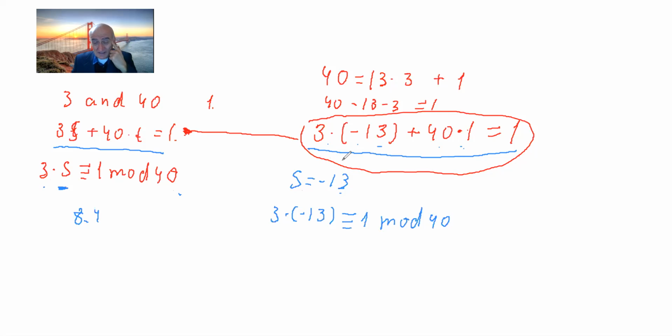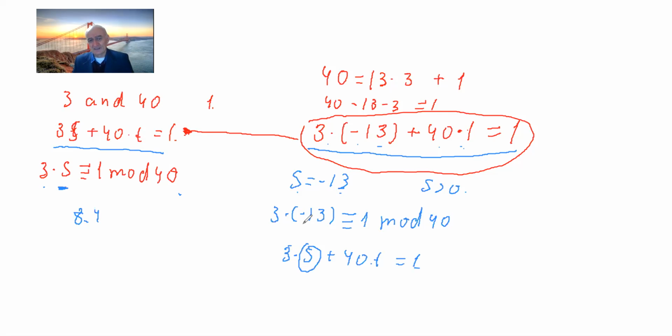But my question is, is it possible to find s, positive s, which satisfies this equality, 3 times s plus 40 times t equals 1? We need s positive.